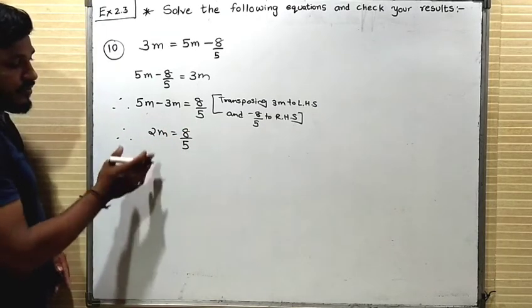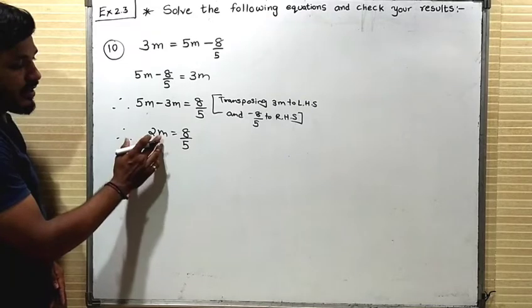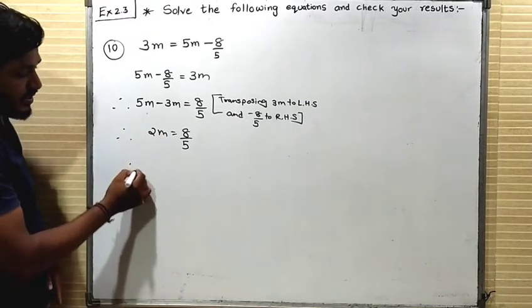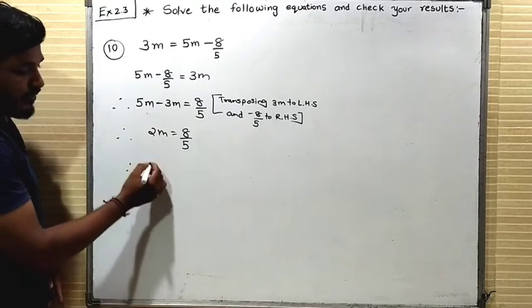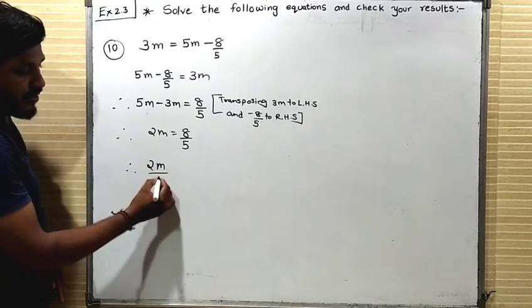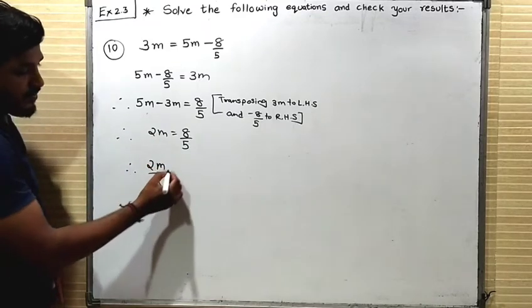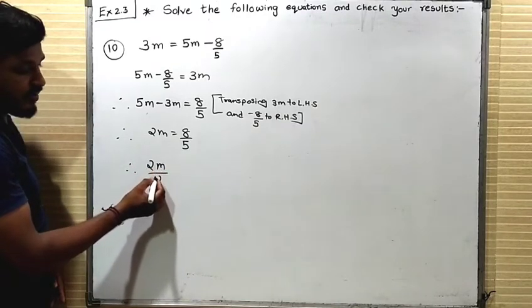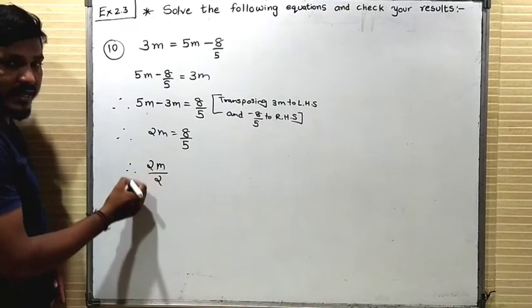Now as I told you, we need to find the value of this variable, and with the variable 2 is there and you need to eliminate this 2 and it is in multiple form. So whatever value is in multiple form, the same value you have to take in division form. So 2m you have to divide by 2, so that 2 and 2 will get cancelled.